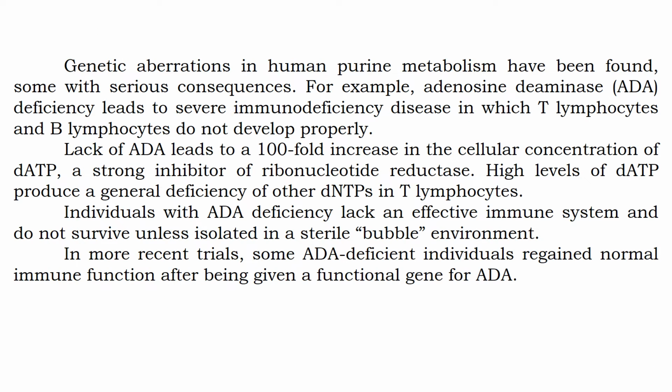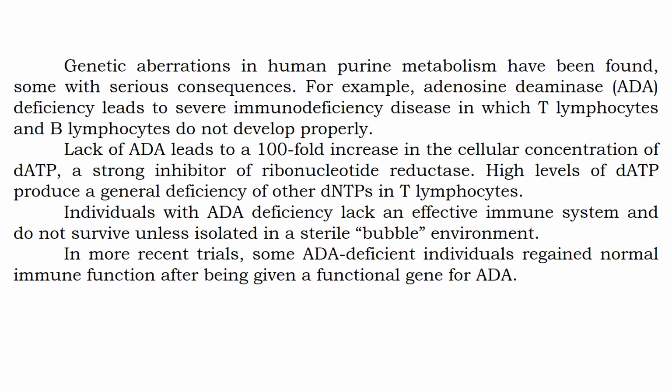Next, if any genetic aberrations in human purine metabolism have been found, then there will be serious consequences. For example, if this adenosine deaminase or ADA enzyme is lost, it leads to a severe immunodeficiency disease in which T lymphocytes and B lymphocytes do not develop properly.